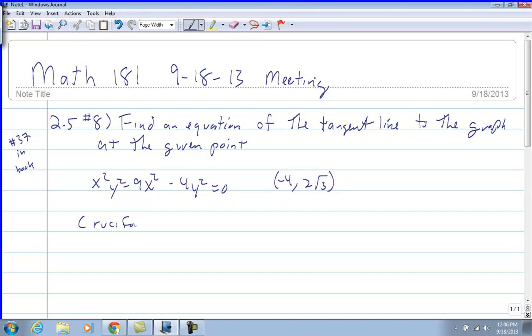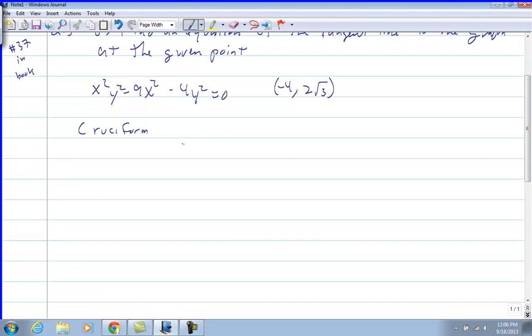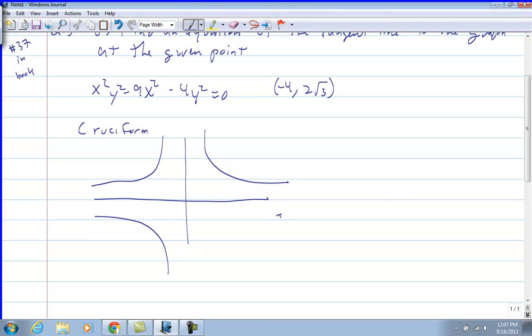That's the name of the graph it creates. And we're looking at negative 4, 2 times the square root of 3, so that's over here.